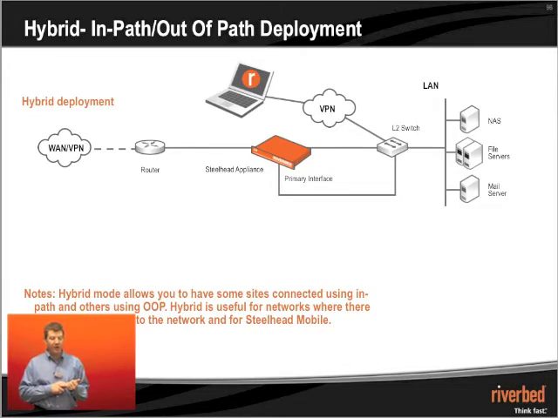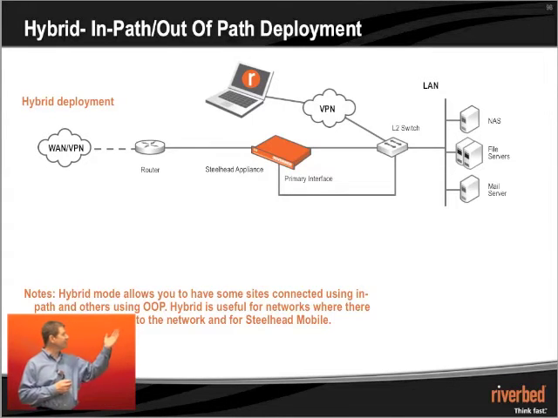In an environment where you have branch offices that are connecting to servers, the standard in-path interface and physical in-path deployment would be used to optimize that traffic through auto discovery.